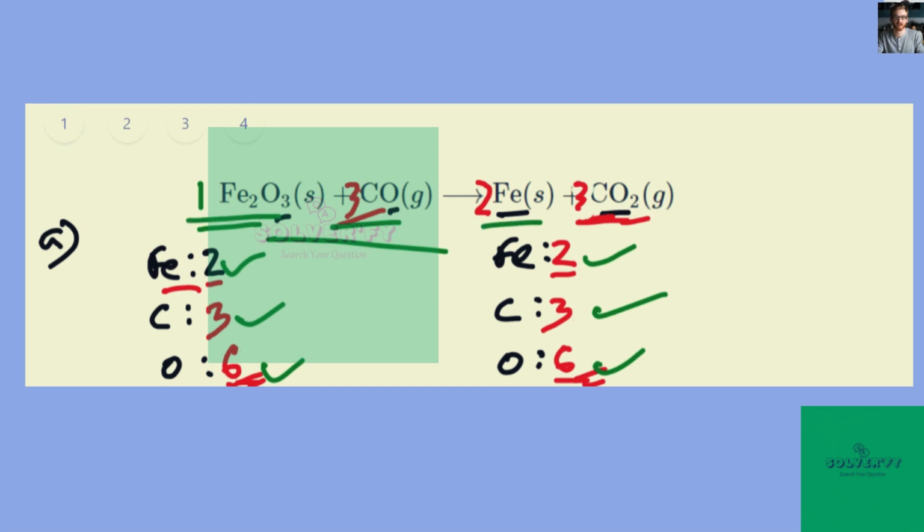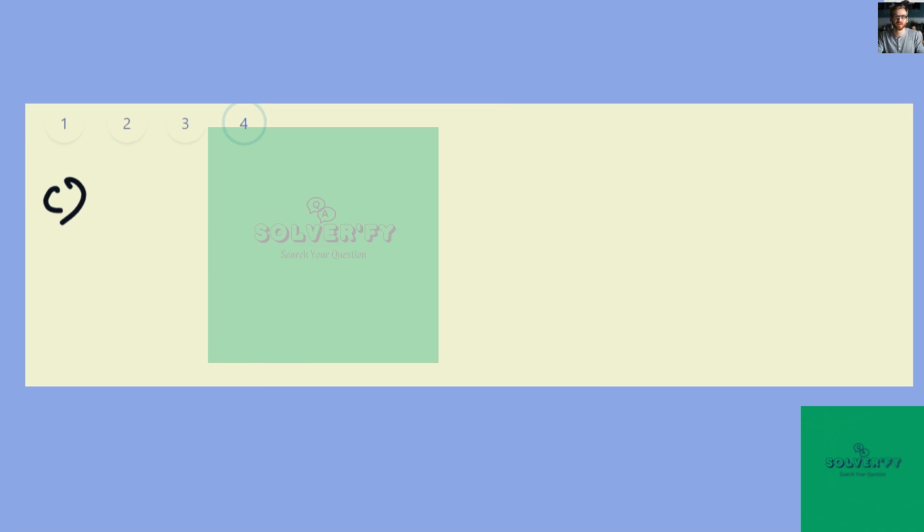So from 1 mole of Fe2O3 we can form 2 mole of Fe. That means 1 mole Fe2O3 can produce 2 mole Fe.